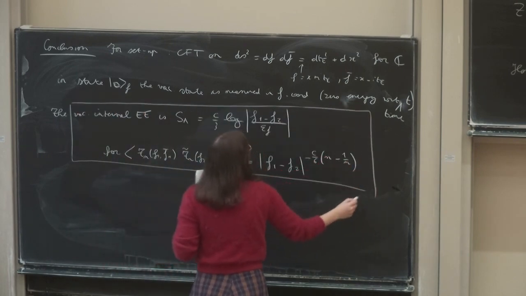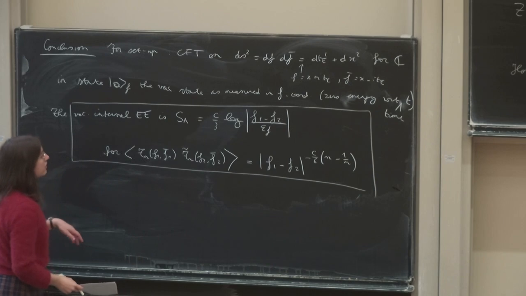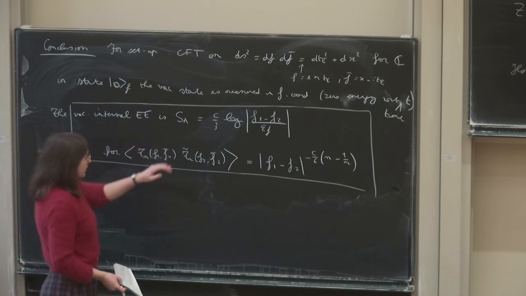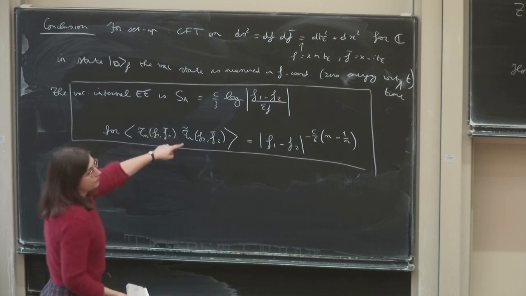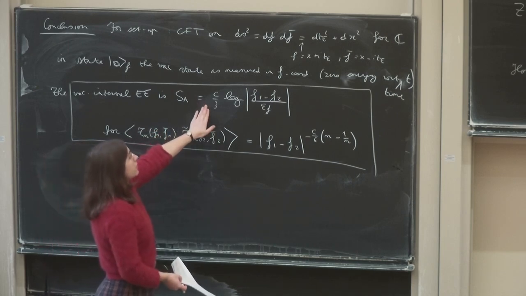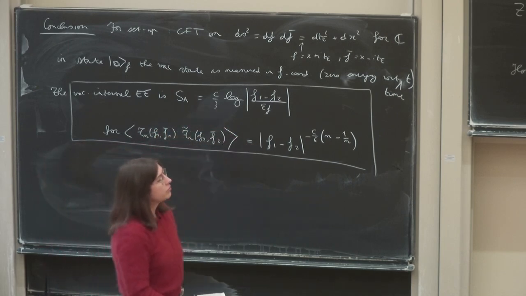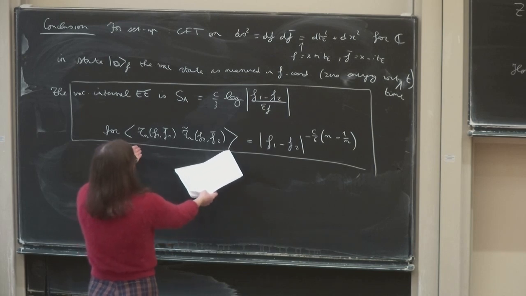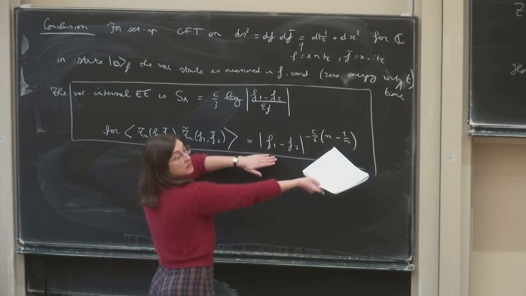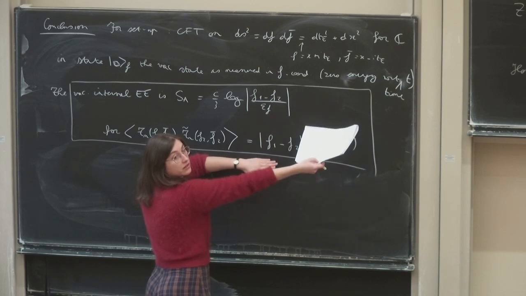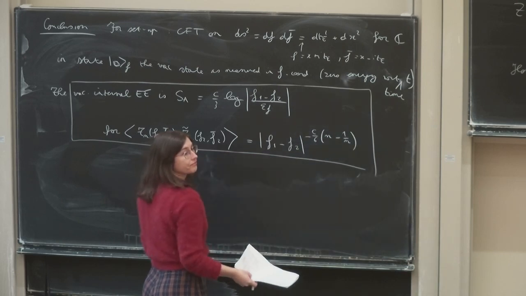So this is my conclusion: my entanglement entropy is c over 3 log L over epsilon, which you can derive from knowing Z_n, being the correlator of twist fields, equal to the length to some power which we determined there by knowing the scaling dimension, okay?